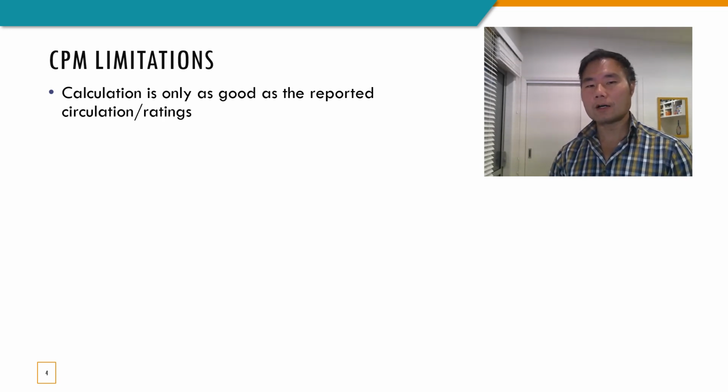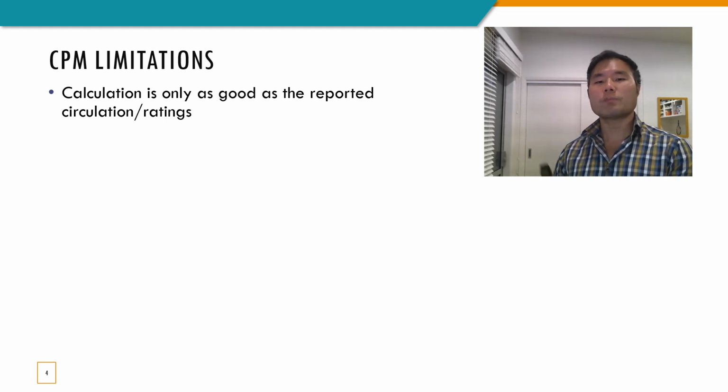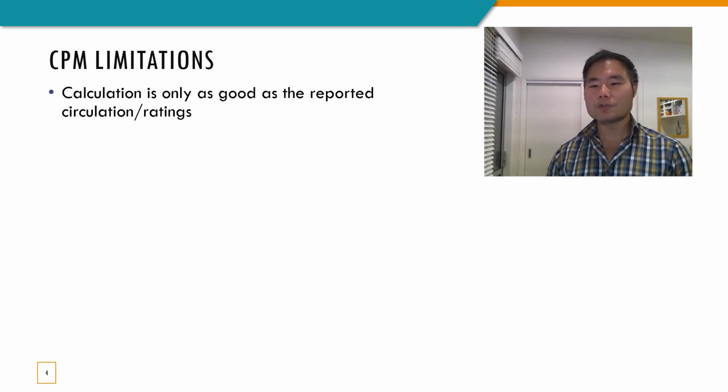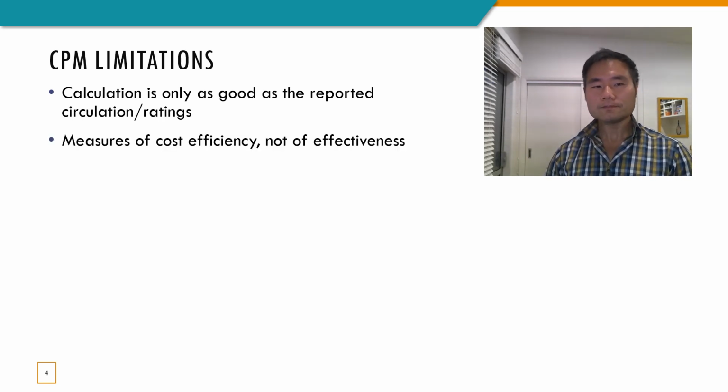And I mentioned before how many publishers will actually hire an independent third-party auditor to make sure that the circulation rates that they are publicizing or reporting on their website or in negotiations with advertising agencies, they want to make sure that those numbers are legitimate. Otherwise, they lose credibility as an advertising supplier.